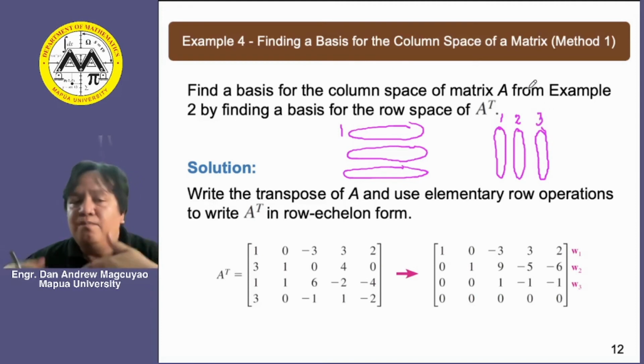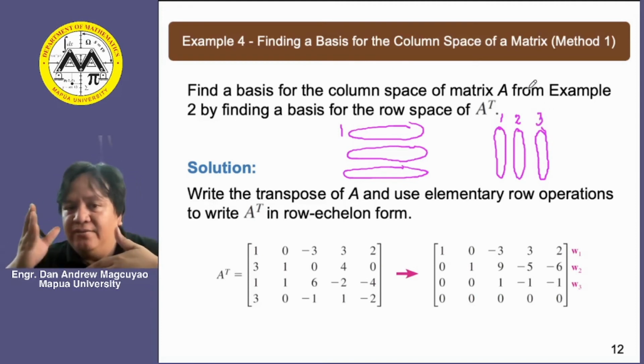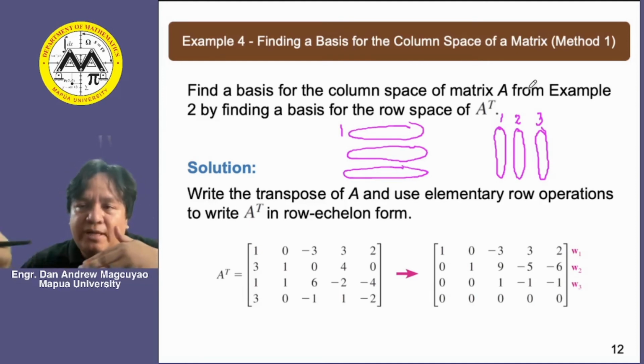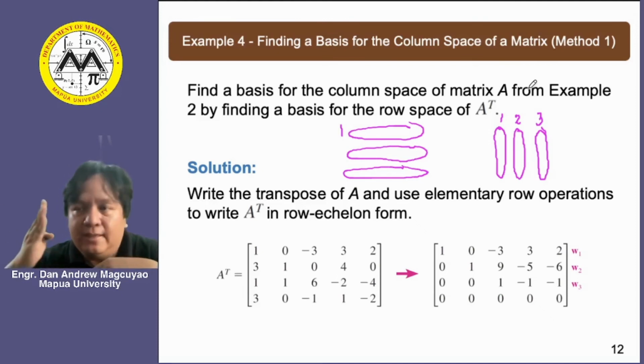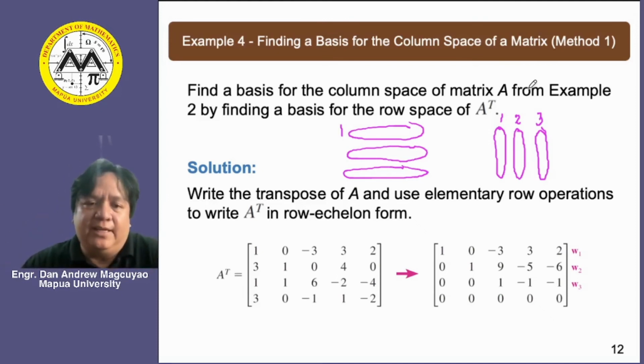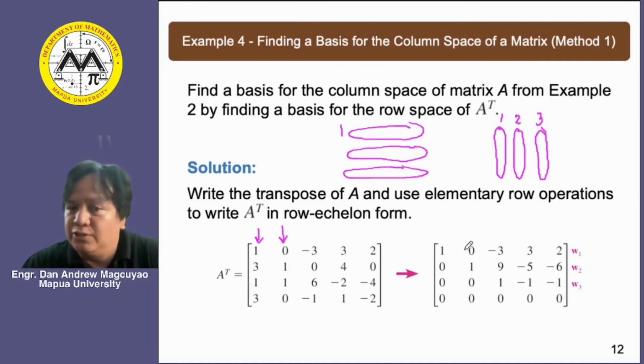For row space, the components are written horizontally. For column space, the elements are written vertically. So instead of 1, 3, 1, 3, 0, 1, 1, 0, we're going to write it down vertically, and so on.